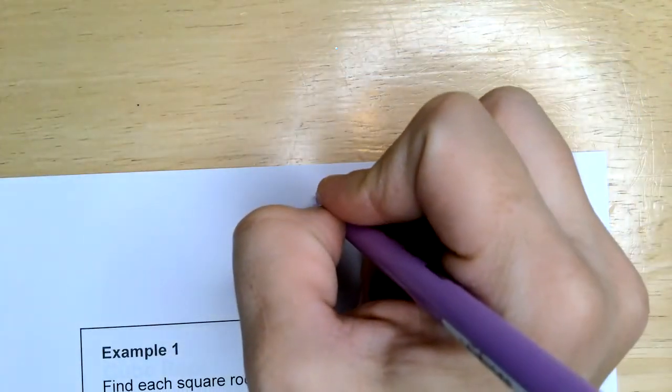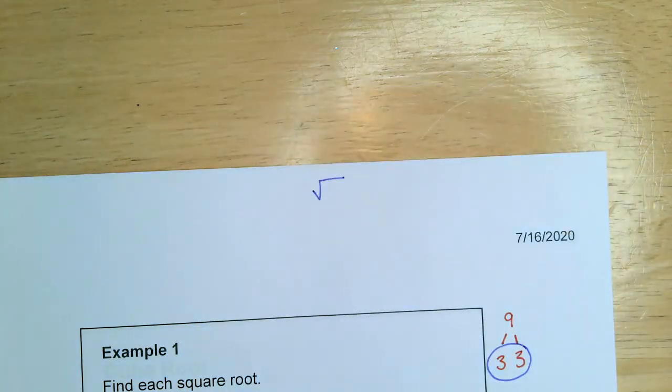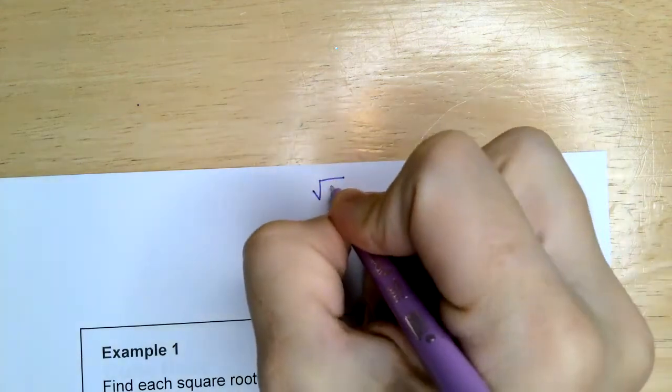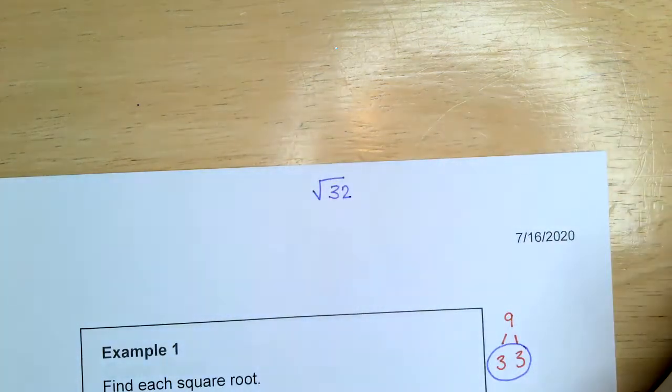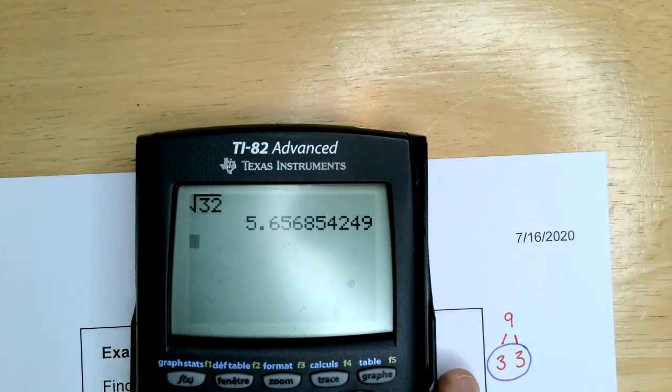So if I had the square root of 32, that's not going to be a perfect square. 5.7, right?